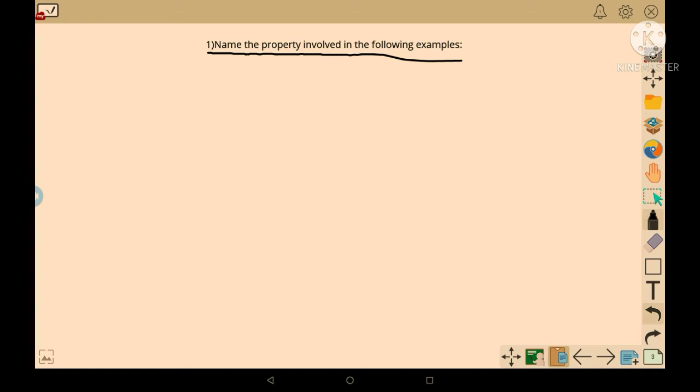These are all 10 introduction topics. If you want these, please comment below before the chapter is completed. Now let's go towards the exercise sums.